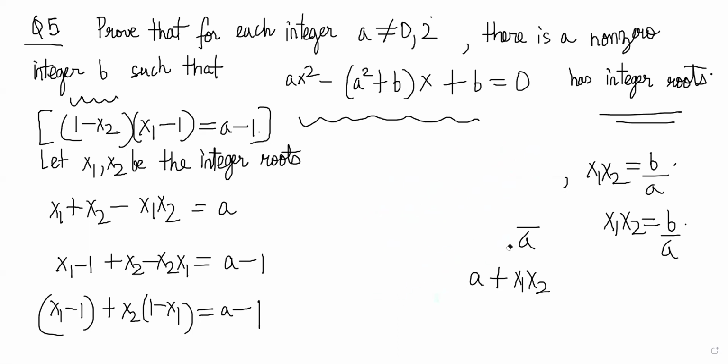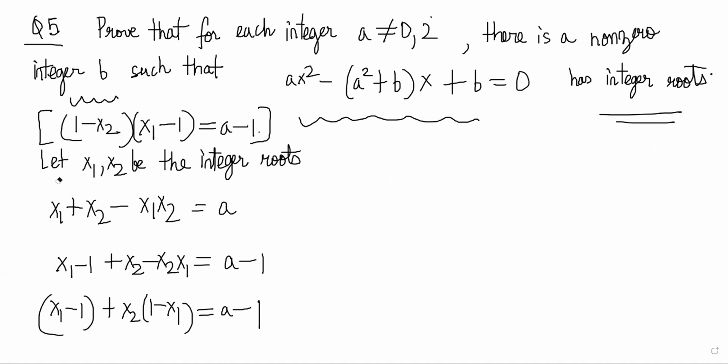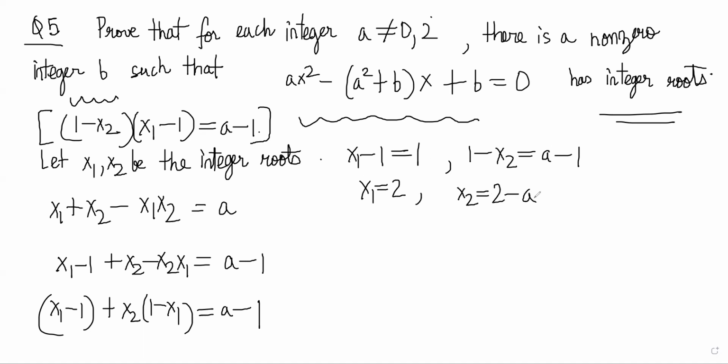If I have an equation like this, 1 minus x2 times x1 minus 1 is a minus 1, there are two cases. One case is x1 minus 1 is 1 and 1 minus x2 is a minus 1. This gives us x1 is 2 and x2 is equal to 2 minus a.